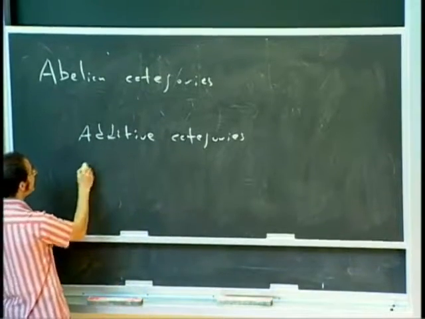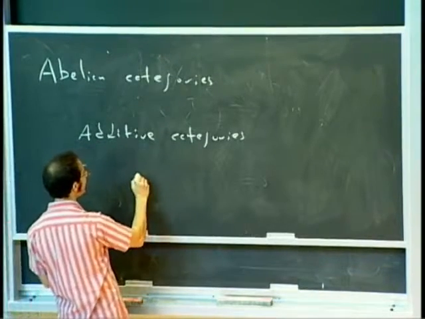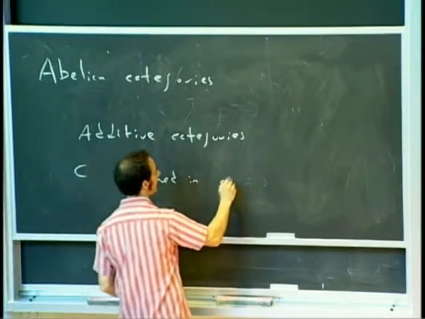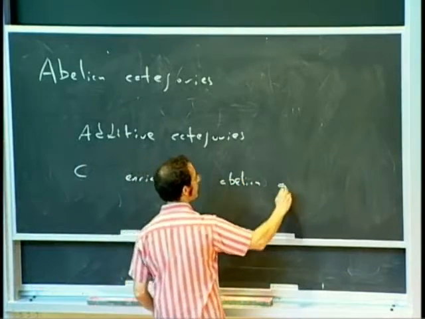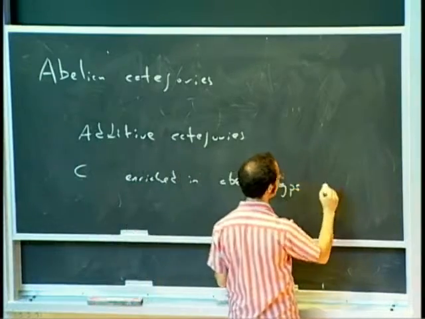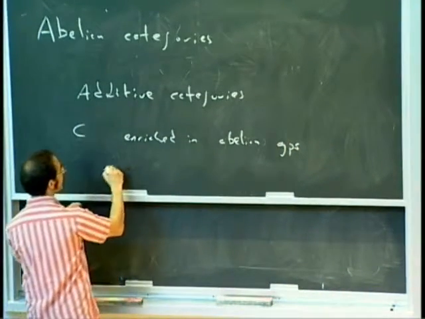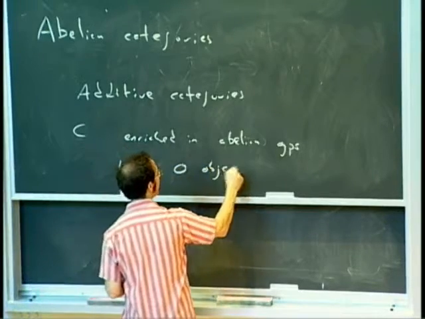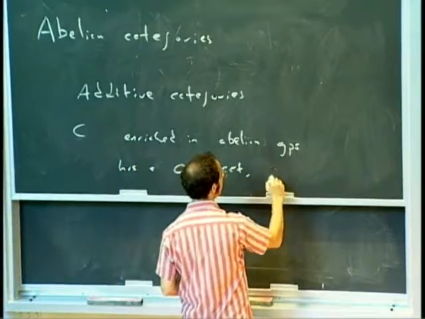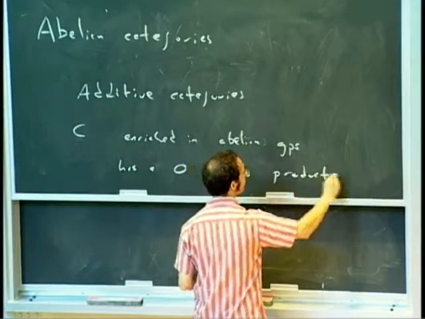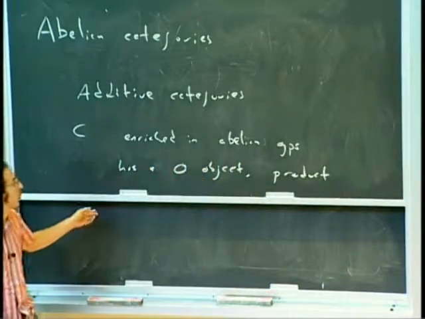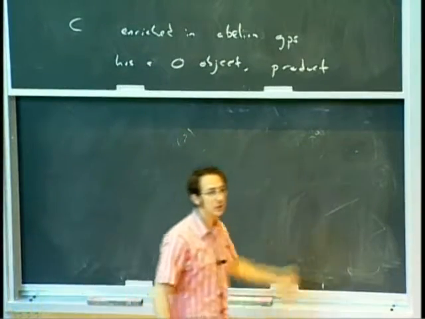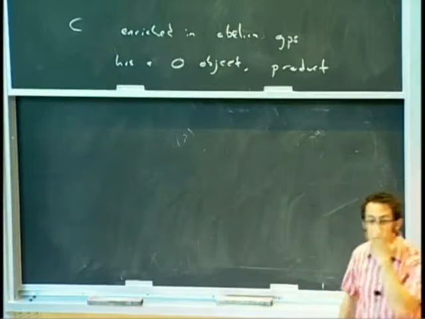So we'll say that C is additive if C is enriched in abelian groups, aka Z-mod, and C has a zero object and a product. Okay, so I mean the categorical product. Now, let me talk about these conditions a little bit and remind you what these things mean.